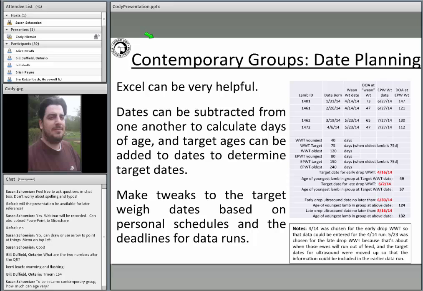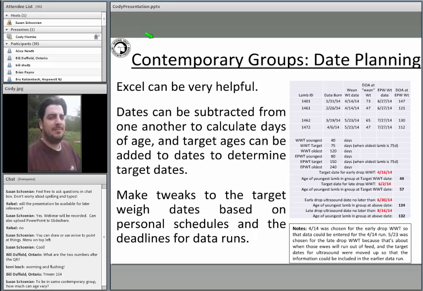However, one of the things I do is I kind of tweak. I'll look at when my target dates are, and I'll also look at when the data runs are. Twice a month we can submit data to Sheep Genetics, to Lamb Plan, and twice a month they will run an evaluation for EBVs on that data.